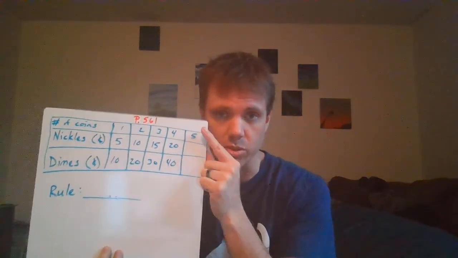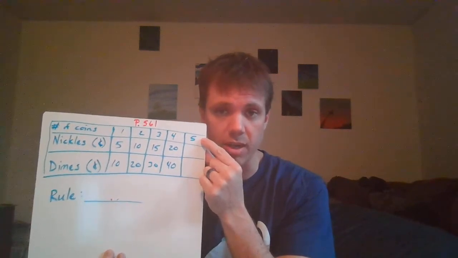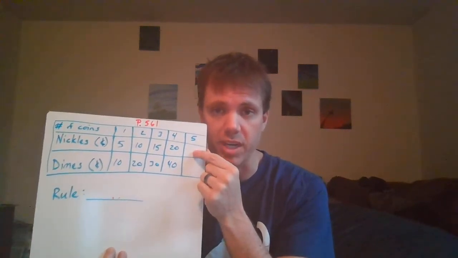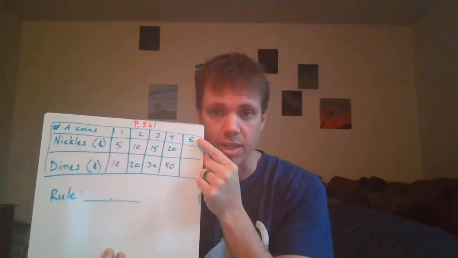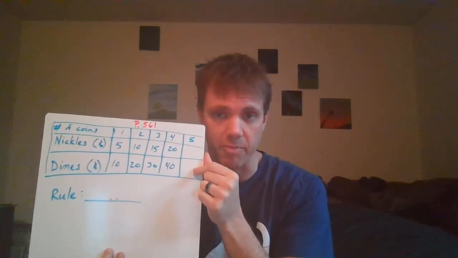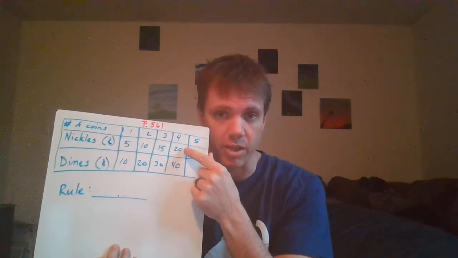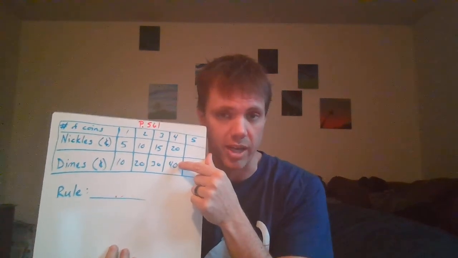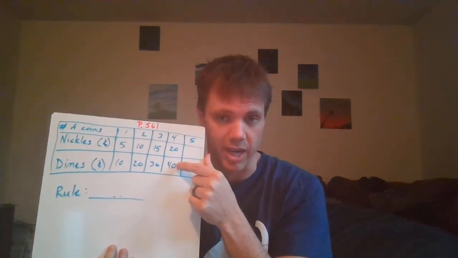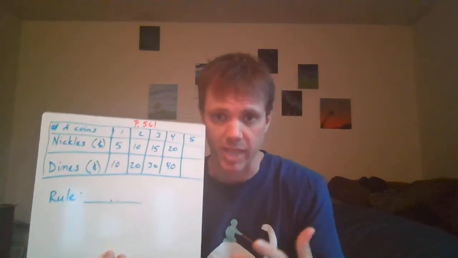For instance, you could say that for every coin you have, you multiply the number of coins by 5 to find the value of nickels, assuming that they're all nickels, of course. Same thing for dimes, only you'd multiply by 10. You could also say that whatever the value of the nickels is, multiply that by 2 to get the value of the dimes, or whatever the value of the dimes is, divide that by 2 to get the value of the nickels. So lots of different rules here.